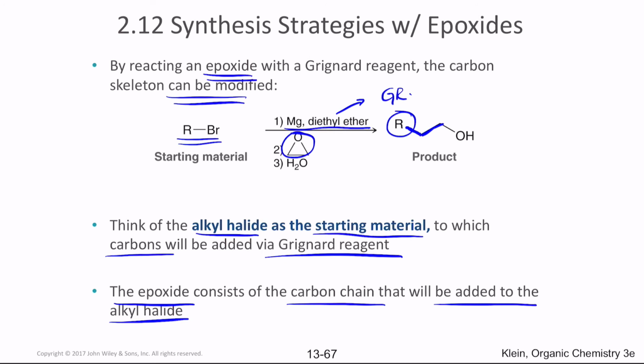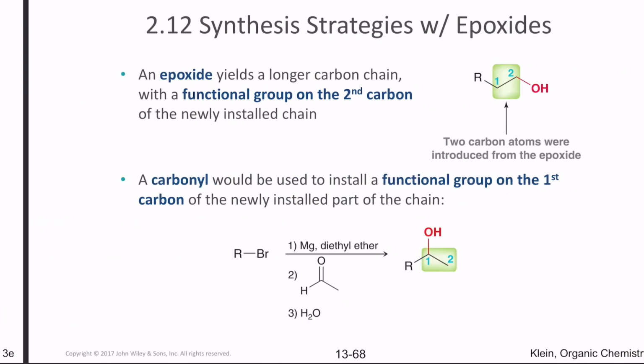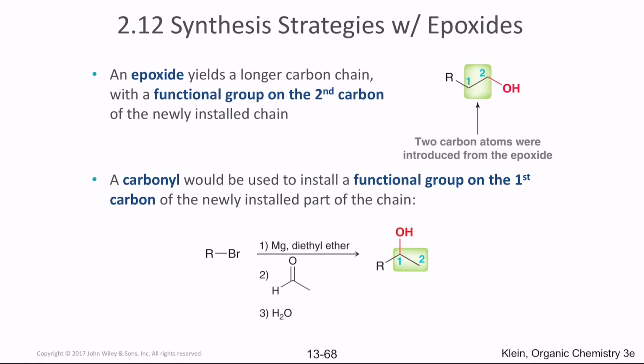So the first point we talked about is that when you have two adjacent functional groups, epoxides are useful, especially when you're starting with an alkene. Next, an epoxide yields a longer carbon chain, with a functional group on the second carbon of the newly installed chain.